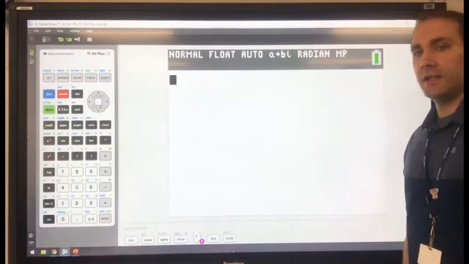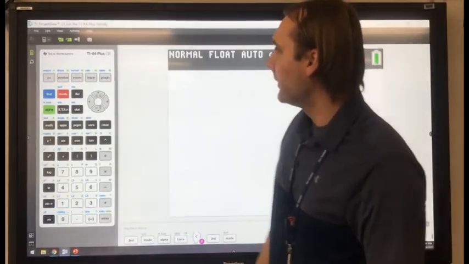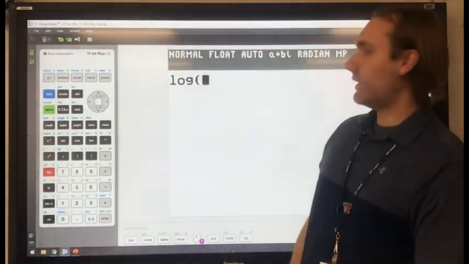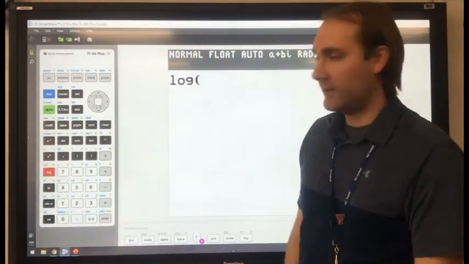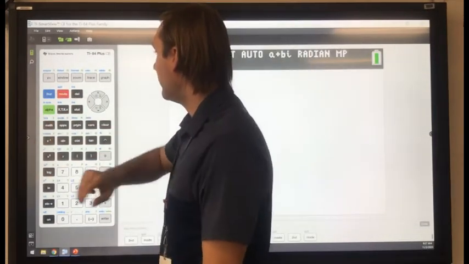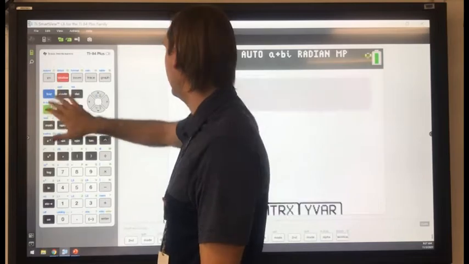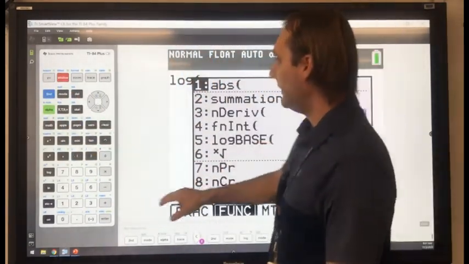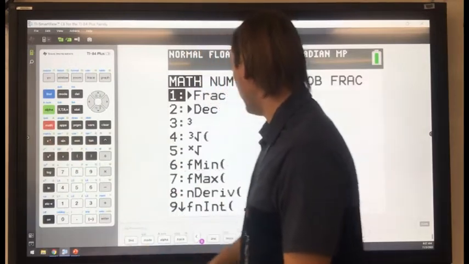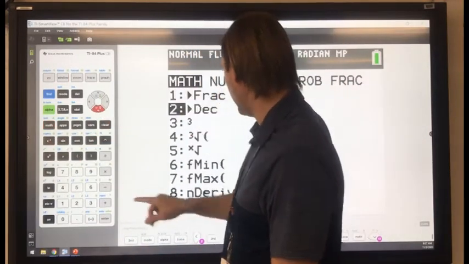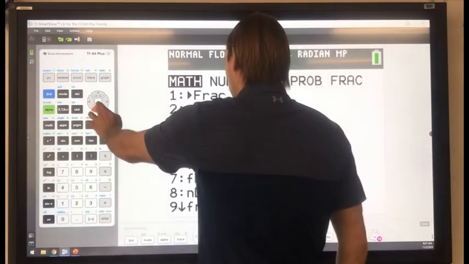So how do you calculate a log with a base of 64 and not a base of 10? Note you can't just use log in your normal calculator because that is log base 10. What you need to do is find your log base in one of these fancy calculators. I can either go alpha window, I see log base, or I can click on math and go all the way down to log base.